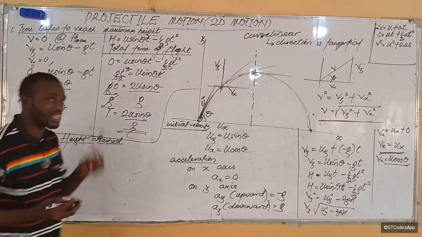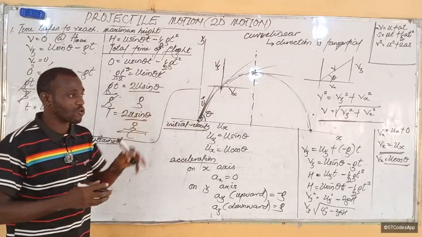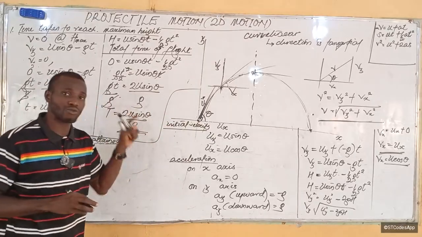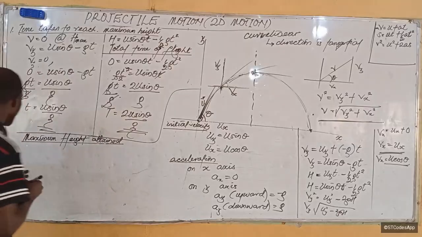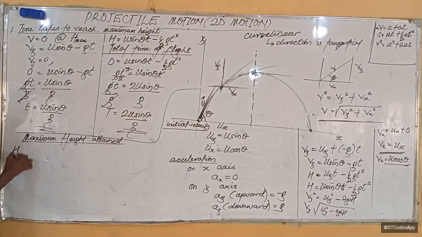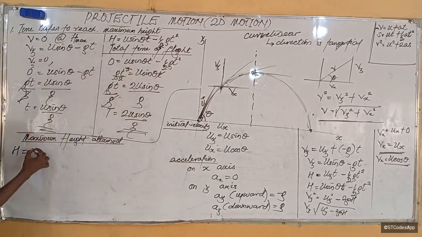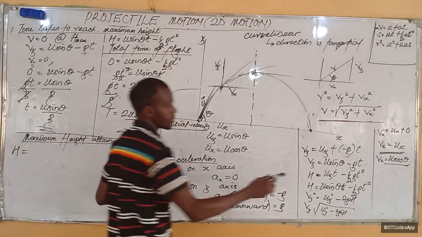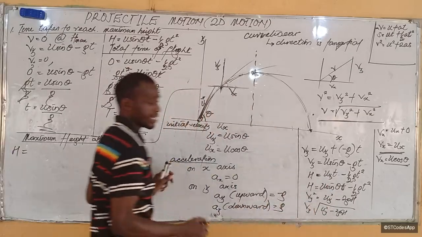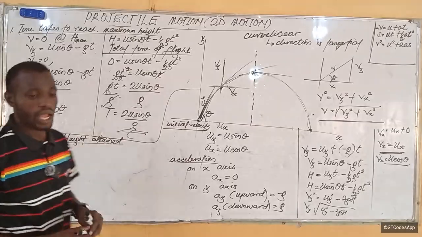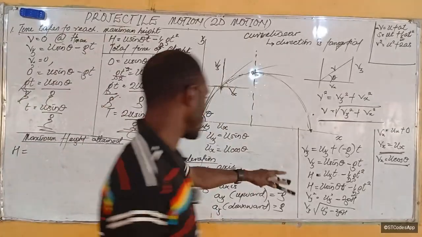Now, when we discuss another type of projectile, this formula will change, so you have to listen. The maximum height reached is going to be given by that formula. Now, I like to use this formula instead. Is that clear? I'll tell you why. It's easier to use that formula.